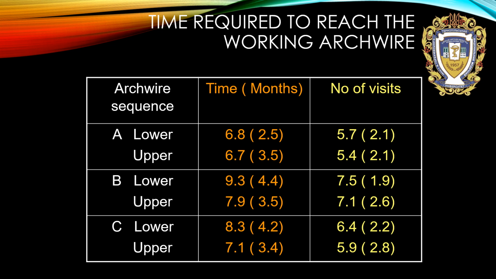The table is showing time required to reach the working archwire. As you can see, the fewest visits are shown in group A.